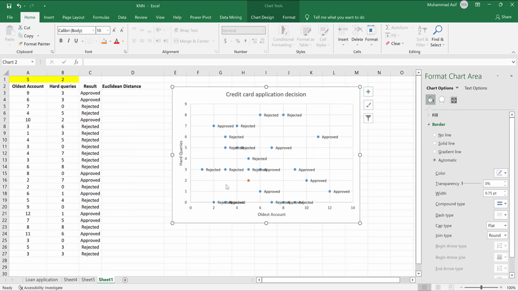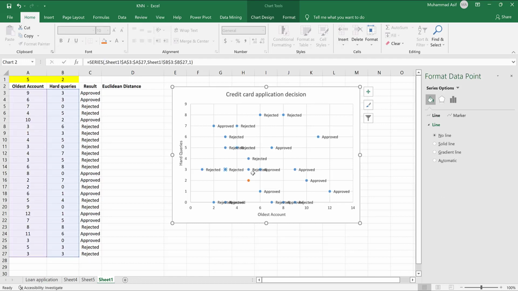Now in the next step, we have to see those points that are closest to this point, what happened to them? Were they approved or were they rejected? For example, I can see that this is the closest point, and it was rejected. Similarly, this one was also rejected, and this one was approved, and this one also was approved.